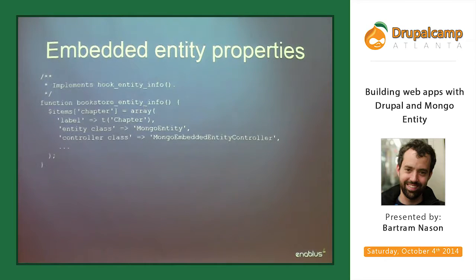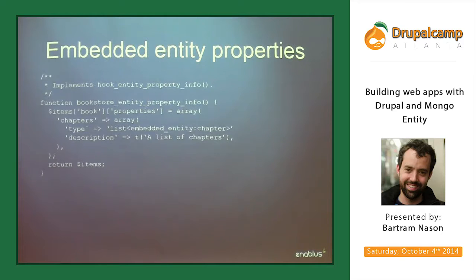So to create that chapter entity type, I just create a new entity type and set the controller class to Mongo Embedded Entity Controller. I can create embedded entity fields through the field UI, as you saw a couple slides back. It's like creating any other type of field, like creating an entity reference or a text field. You just select it from the drop-down.